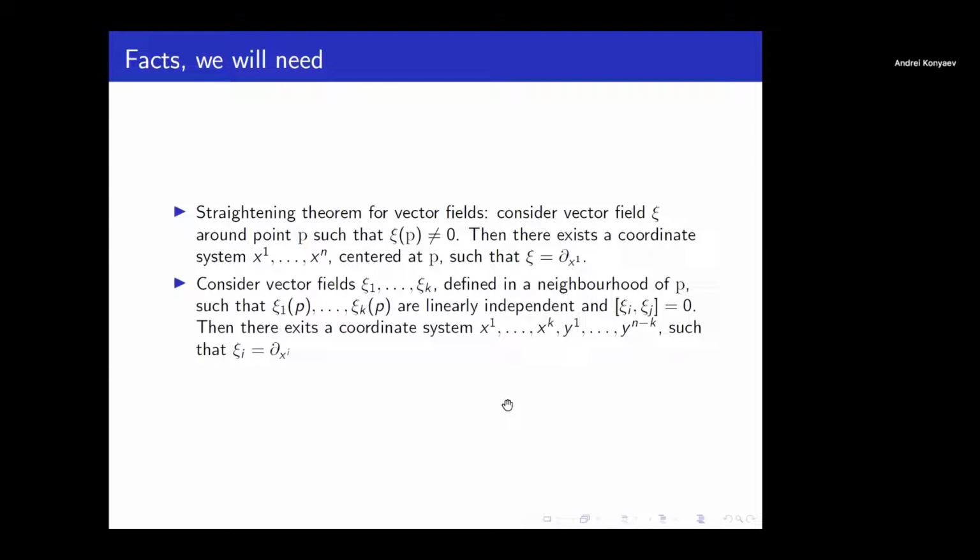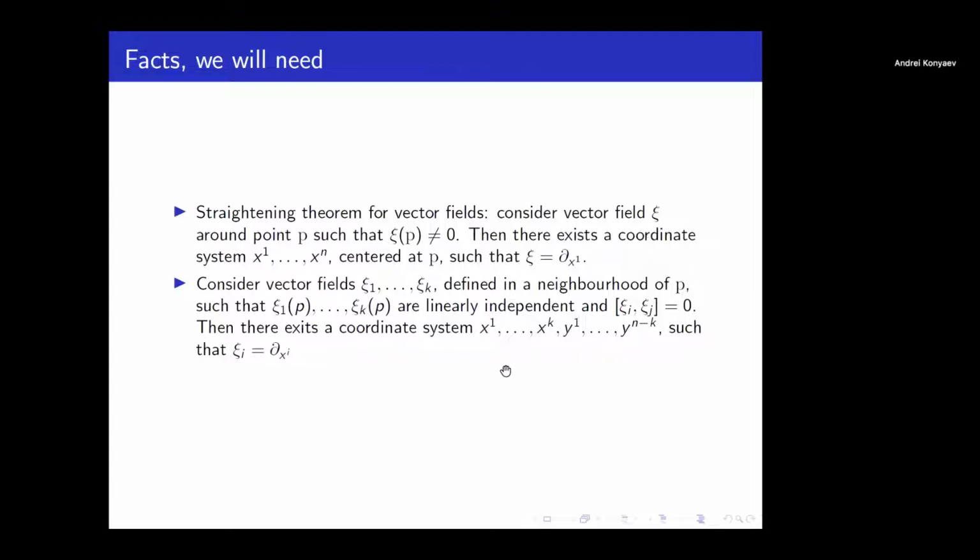So you need to keep in mind that we assume that coordinates are centered at point P throughout this lecture. You see that you have linearly independent vectors at a point, which means that locally the vector fields are also independent, and they should commute. If they commute with respect to the standard commutator of vector fields, then you have a coordinate system with two kinds of coordinates.